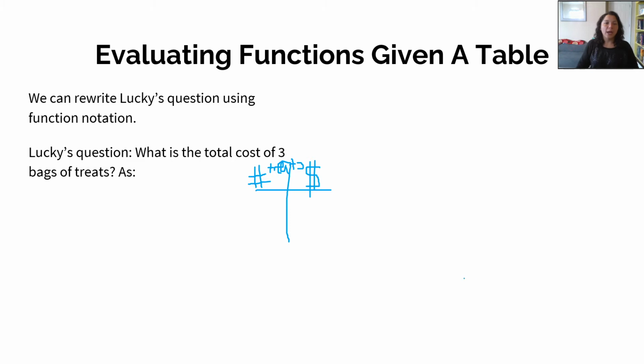So if my total cost is Y, so it's asking, what is Y? And then over here, my bag of treats, that's my X, isn't it? Which is 3.